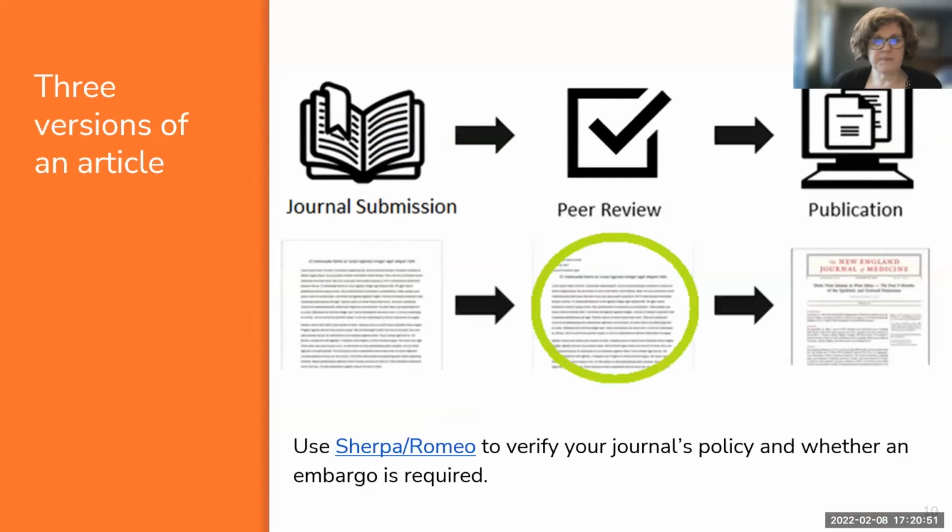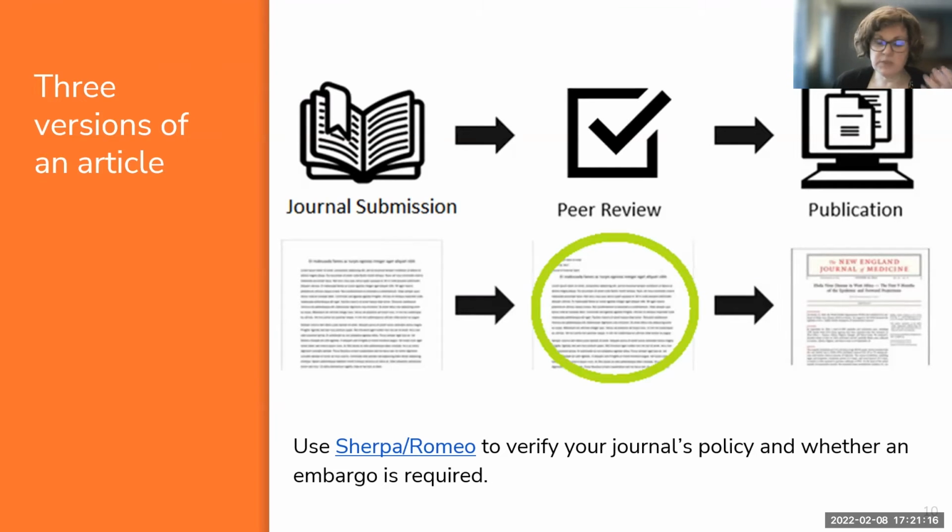So now, another piece of information here is the version of the article. Those closed publisher journals will probably say that most of the time they will not allow you to put the final, nicely formatted version that is on their website in a repository.